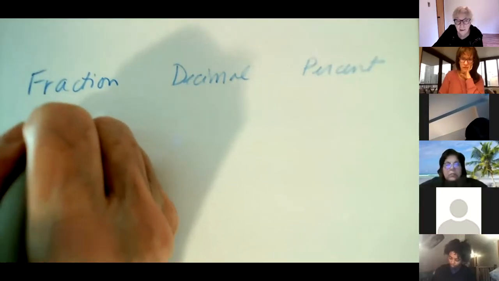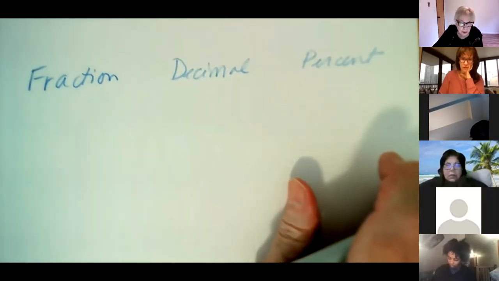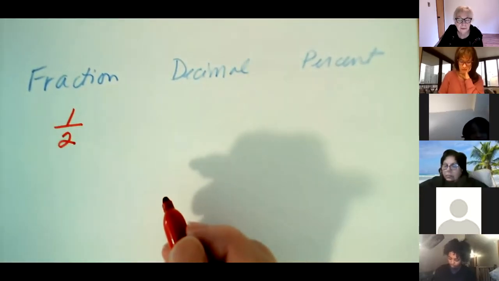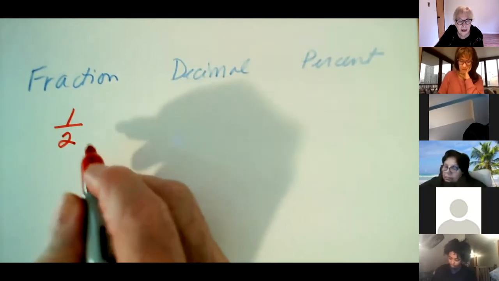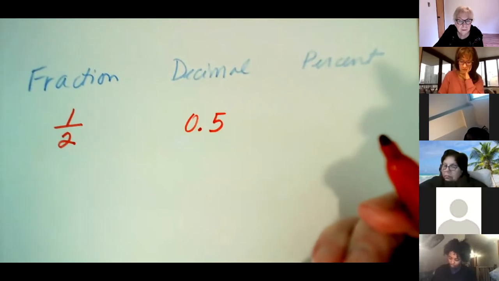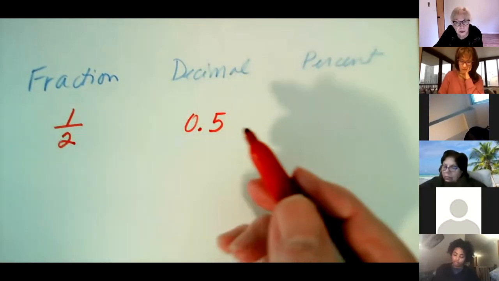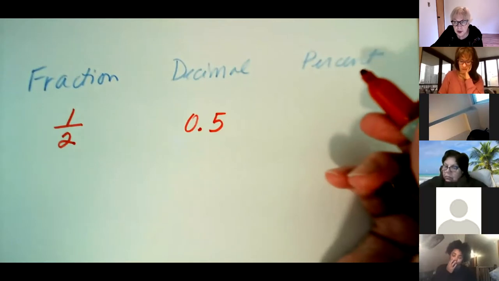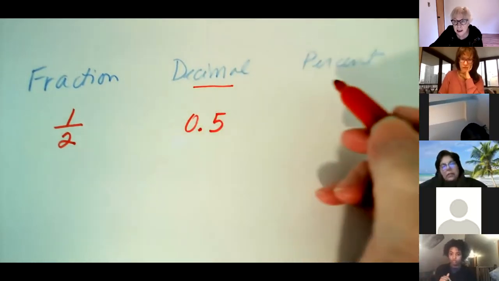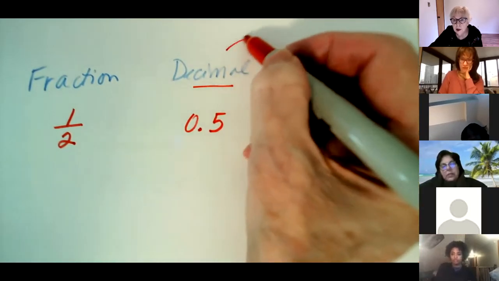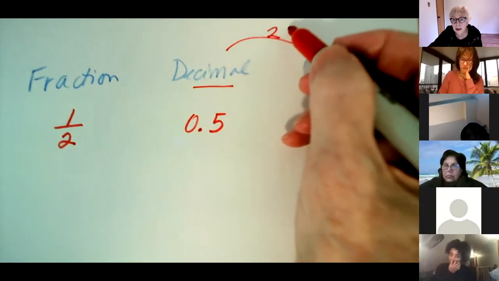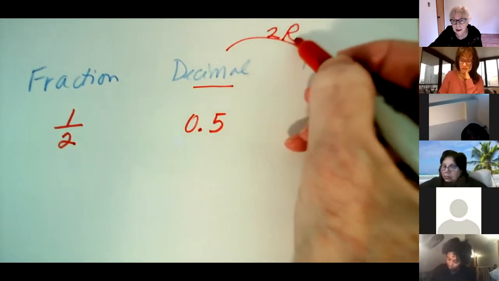I'm going to do one that you probably should guess pretty easily. If the fraction was 1/2, you can divide this out, but the decimal is 0.5. That one you probably should know by heart. For the percent, when we want to go from a decimal to a percent, we take the decimal point and move it 2 places to the right.